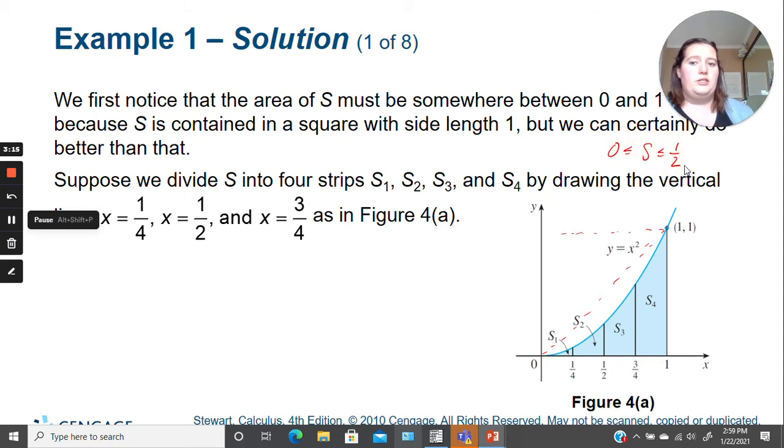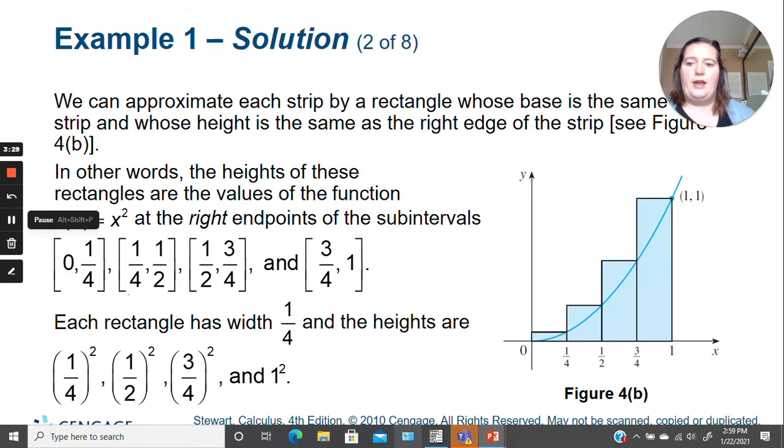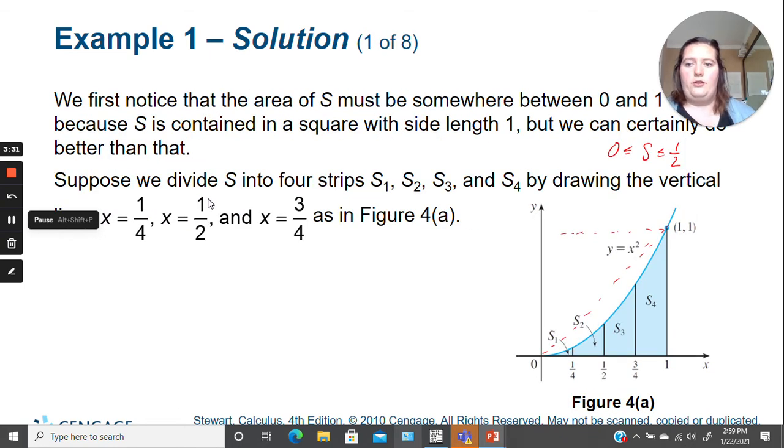We're going to try to approximate it. So let's imagine the x-axis, and let's imagine that I break that into 4 different pieces. Each piece, because it originally had length 1, when I break it up into 4 different pieces, has width 1/4.